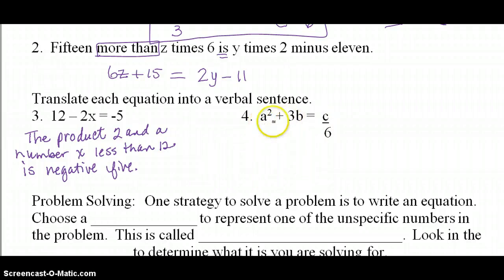All right, let's write this one. We would read it a squared plus 3b equals c over 6, or c divided by 6.